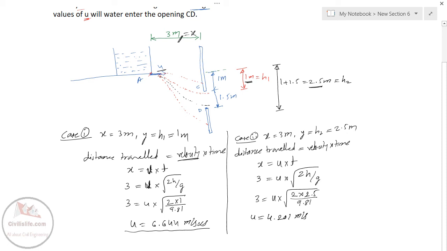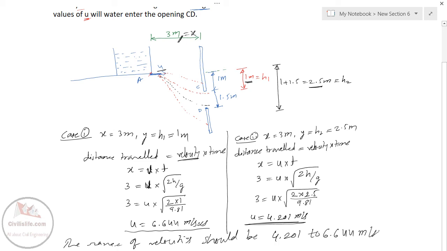Now we have obtained two values for this question: u is equal to 6.644 and u is equal to 4.201 meter per second. So I can now write the range of velocities should be 4.201 to 6.644 meter per second.